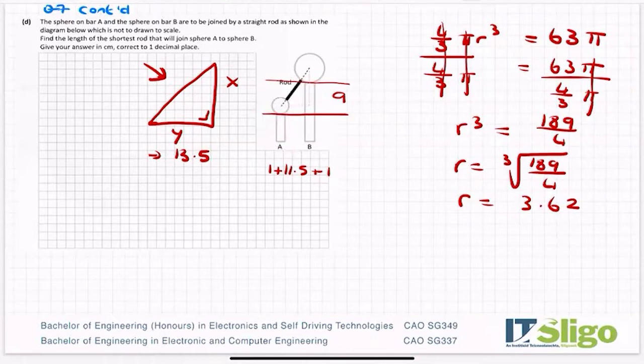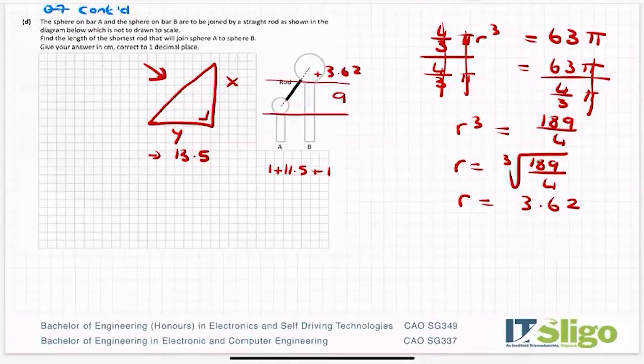So it's the distance from this bar here to the start of this bar that is 9. So I need to add on this 3.62 that's up there, but I need to subtract off the radius of the small one, because that's not included in my 9, because my triangle only starts here.